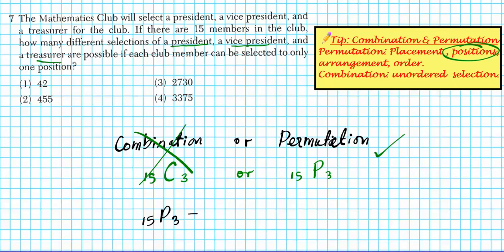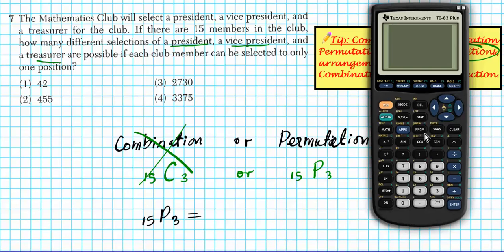So all we simply do is plug this into our calculator to get our final result. Let's go ahead and compute that. We have 15, and then we're placing 3 out of the 15. I'm going to go to my catalog because that's the quickest way to find most things, and I'm going to look for N. So nCr is combination. That's not what we want.